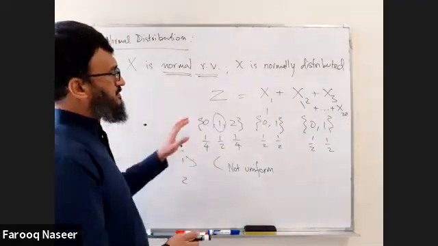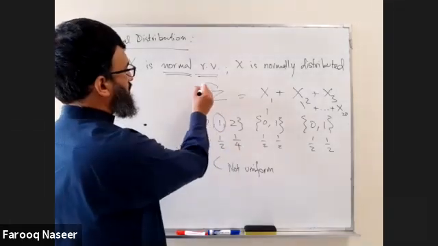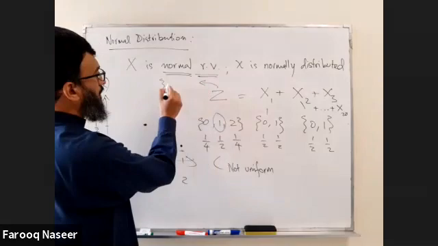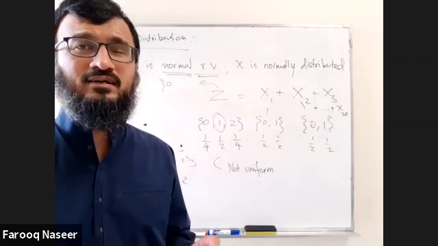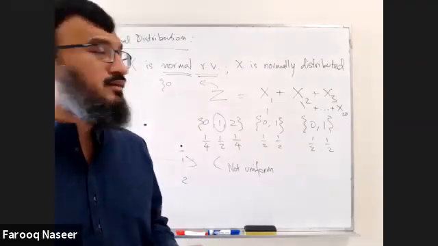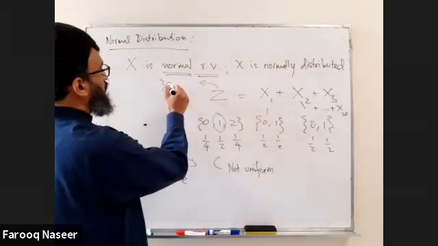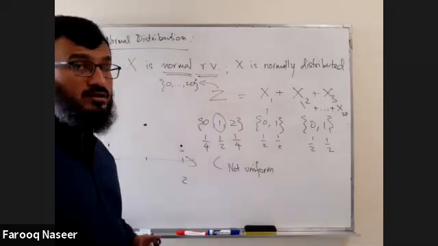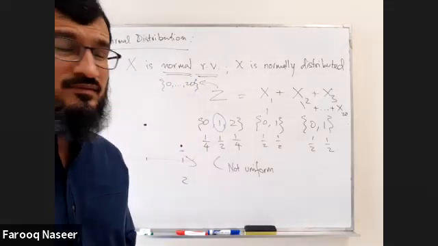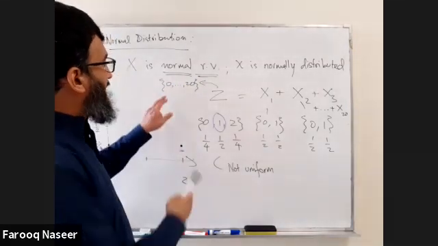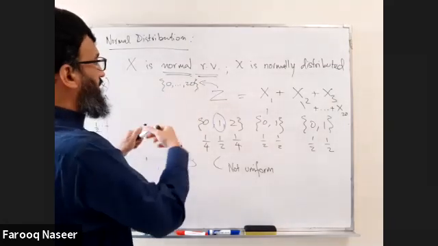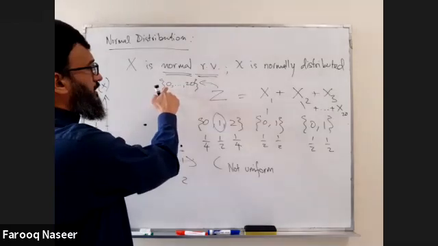In that case, Z will take a set of values which goes from 0. 0 is when all the coins landed tails, right? To all the way up to 20 when all the coins landed heads, right? Again, extreme values की probability कम है. इसकी probability क्या होगी 0 आने की?